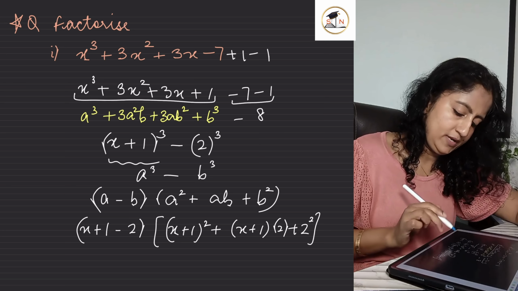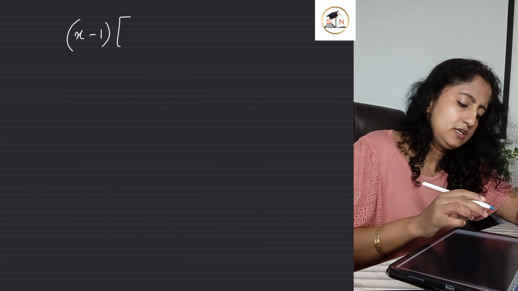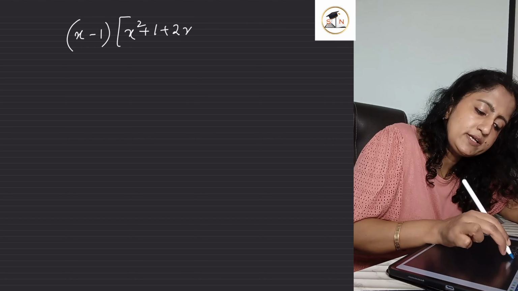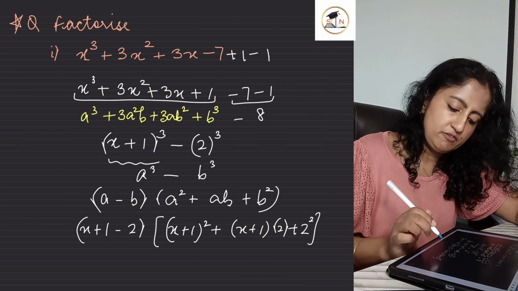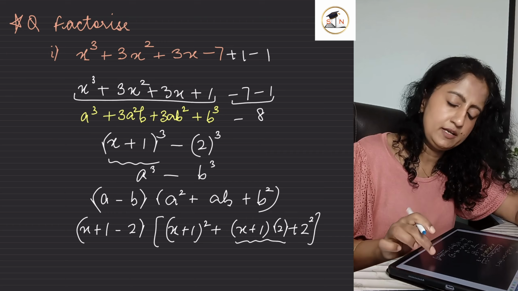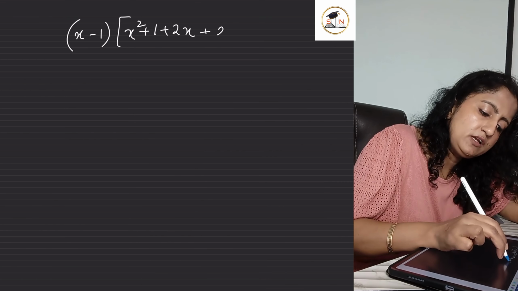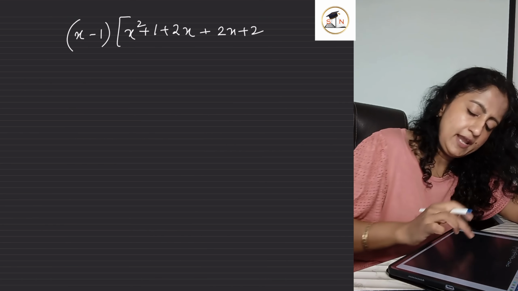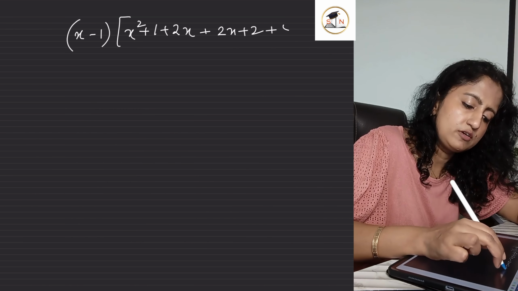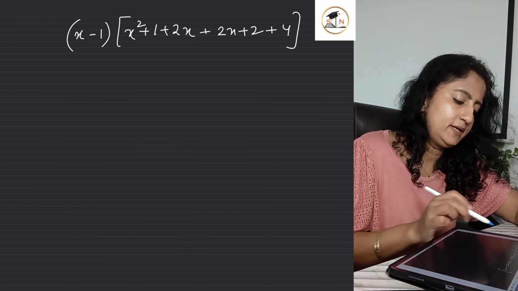In the second bracket, we had x plus 1 whole square. So x squared plus 1 plus 2x. And after that, we are having 2 into x plus 1, this is going to multiply, right? So that gives me 2x plus 2. And after that, we had 2 square. So that is 4, right? This is what we get.